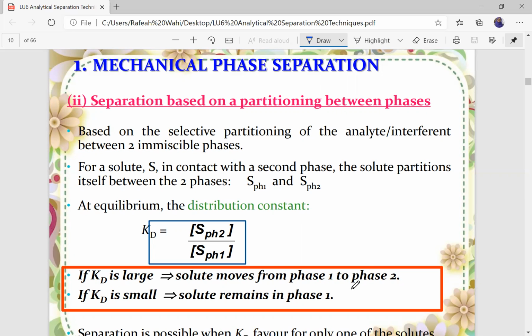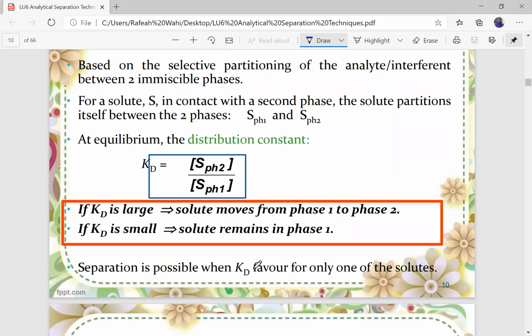And if the Kd is small, it means that the solute remains in phase 1. So separation is only possible when Kd favors only one of the solutes, meaning to say that the solute can move from one phase to another.